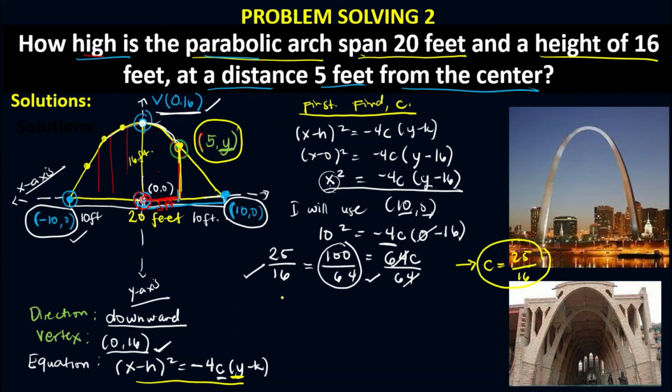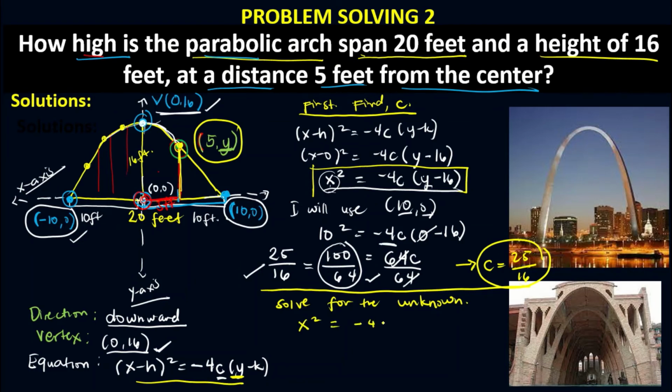Ngayon, once na nakuha na natin siya, solve for y. Solve for the unknown. And to solve for the unknown, gamitin natin yung equation natin, which is ito. So, we have x squared is equal to negative 4c times (y minus 16).